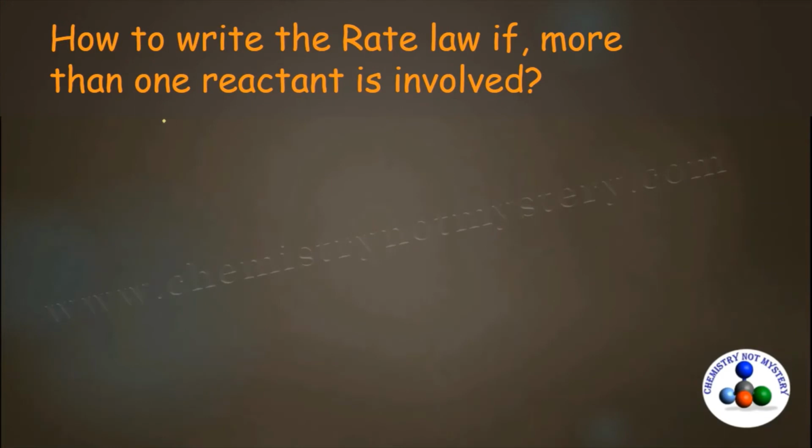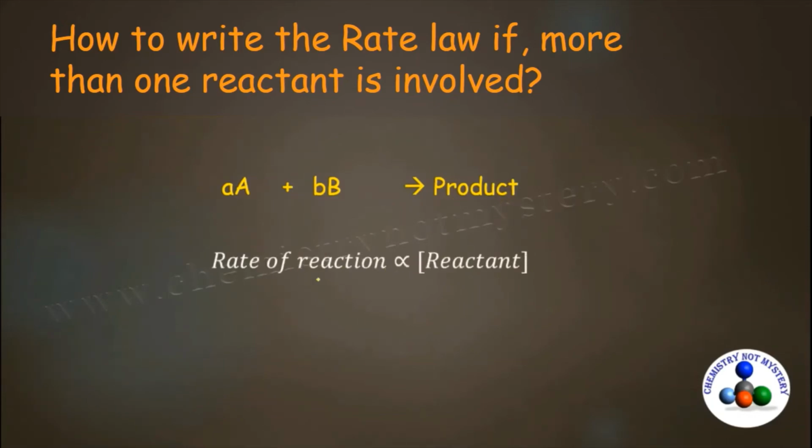Now try to write the rate law if more than one reactant is involved in the equation. For example, in this equation, a moles of A react with b moles of B and give products. And you know, according to the law of mass action, rate of reaction is directly proportional to the reactant concentration. Here A and B are the reactants. When you apply the law of mass action to this equation, you will get rate of reaction is directly proportional to the concentration of A raised to the power x and concentration of B raised to the power y.